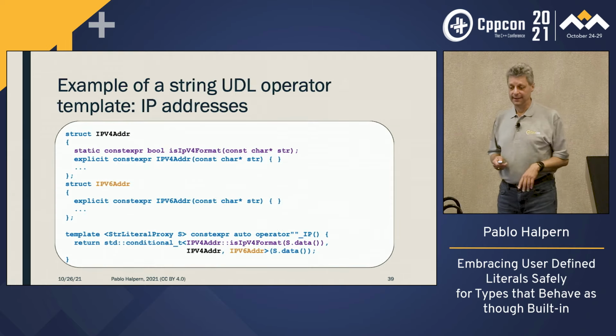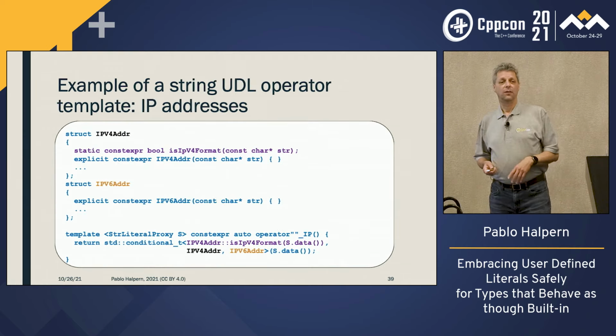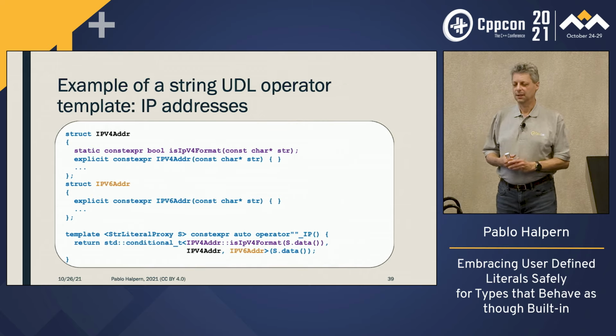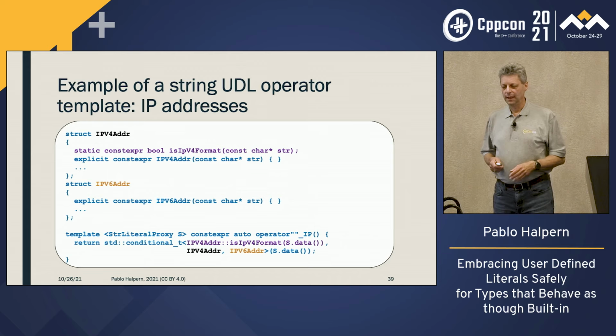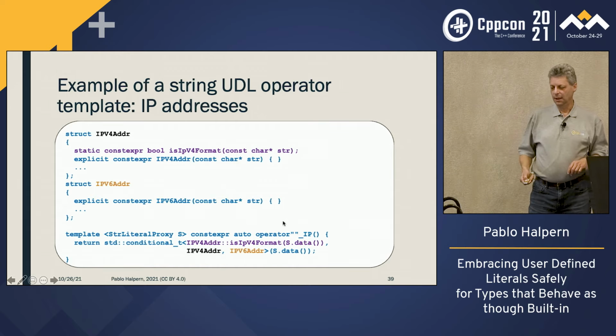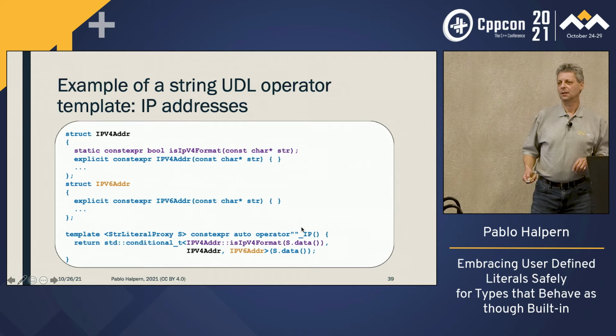Now, having that, we can define, let's say in this case, two different IP address types, IPv4 address and IPv6 address types. And we want a user-defined literal called IP that automatically figures out whether I'm giving it an IPv4 address or an IPv6 address.